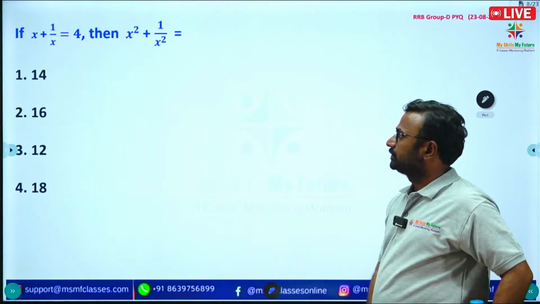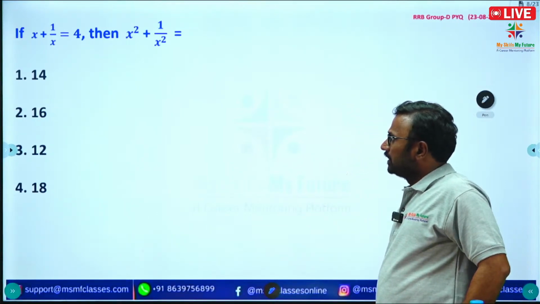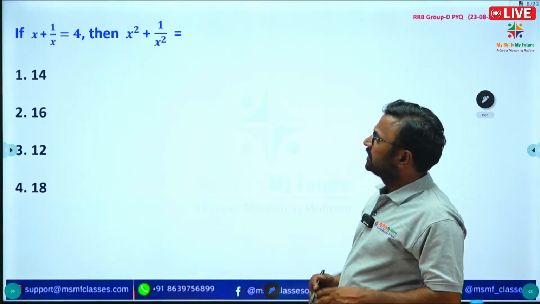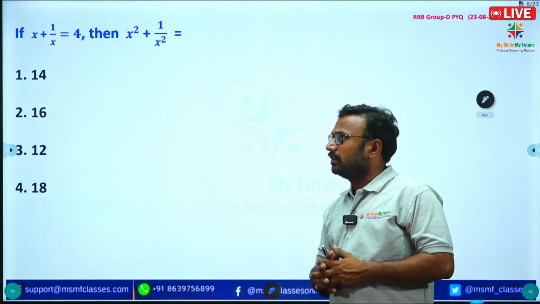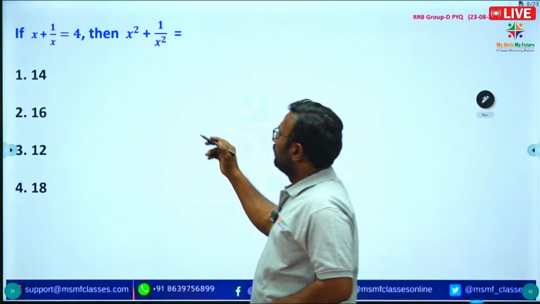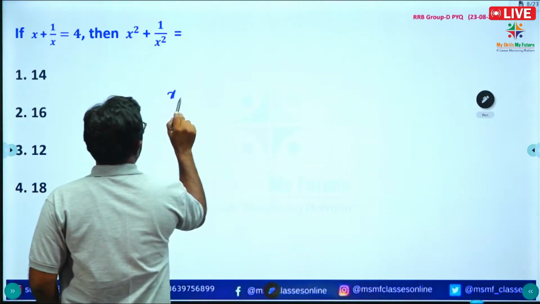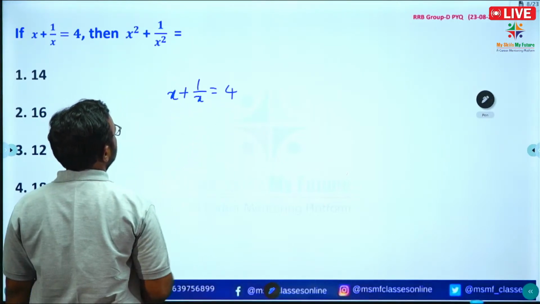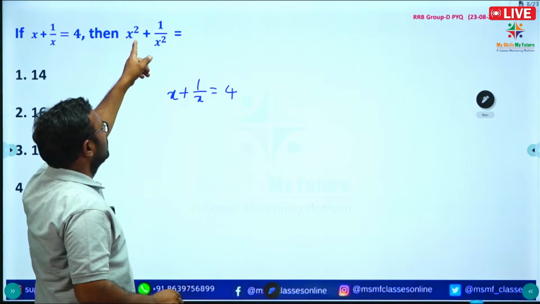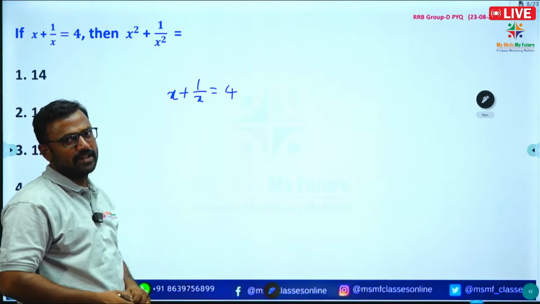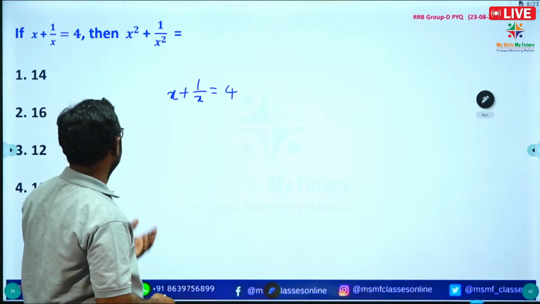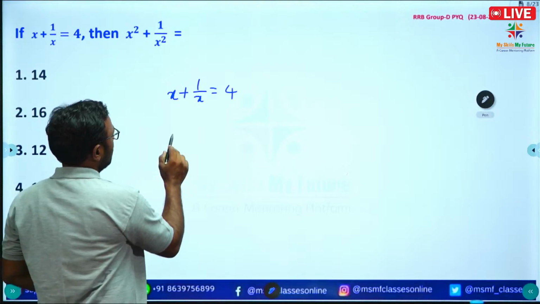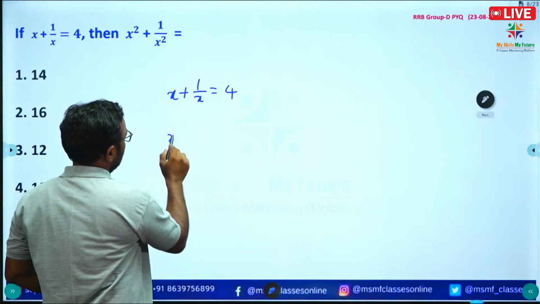Right, next question. Okay, see the question. These types of questions are coming mainly. What is the question? If x plus 1 by x is equal to 4, then x square plus 1 by x square is equal to what? I am taking the square.